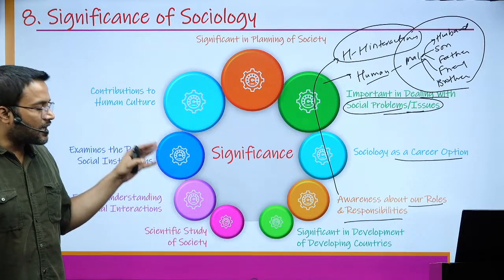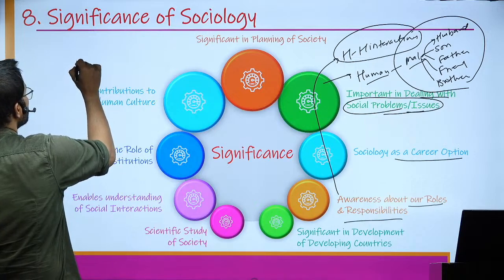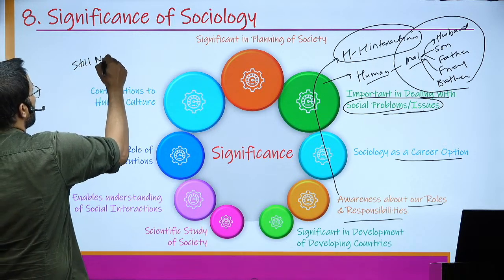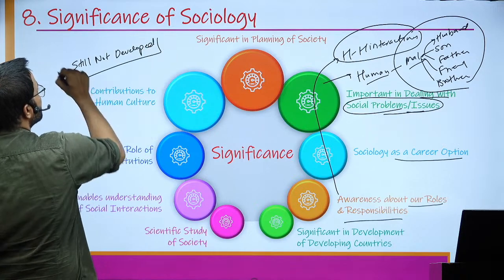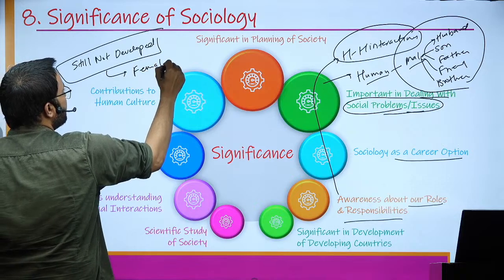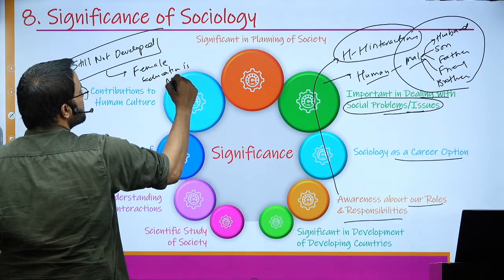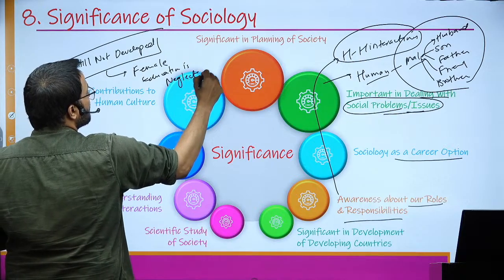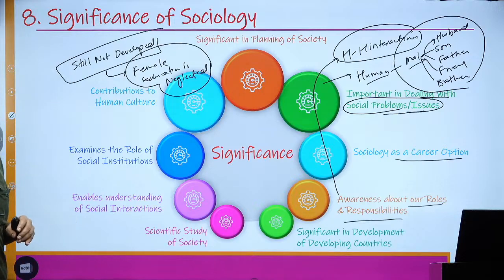If any country is still not developed, the reason may be that female education is neglected. Half of the population is not educated. The literacy rate among females is very low.